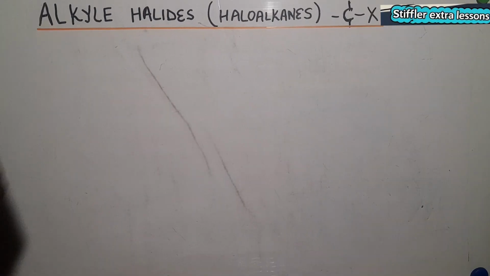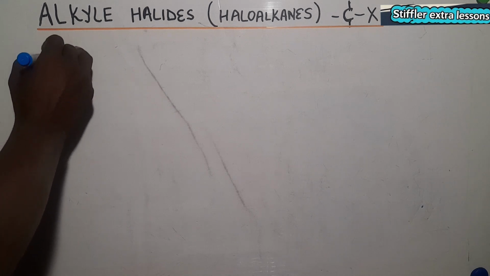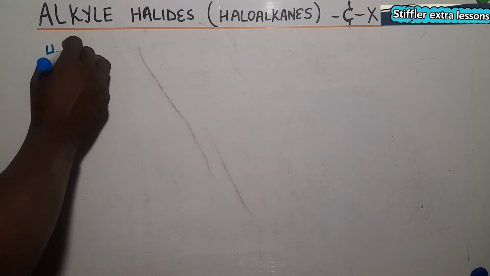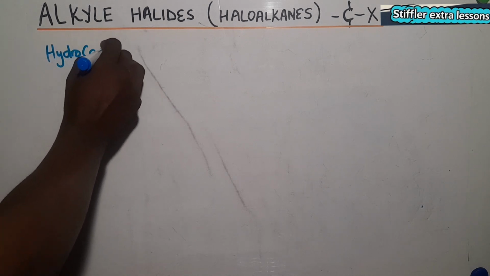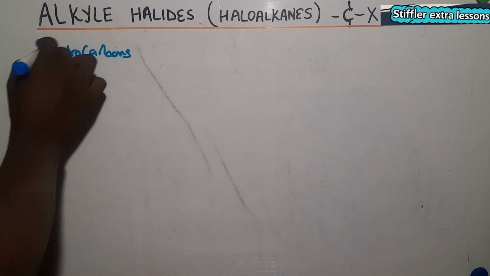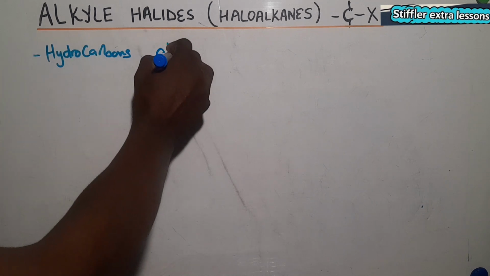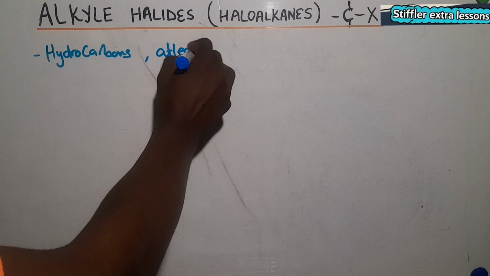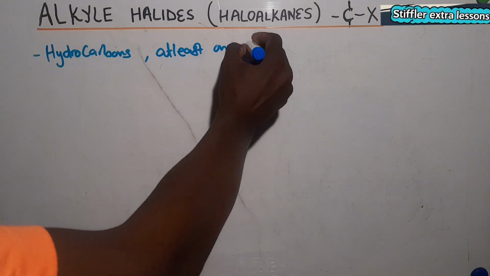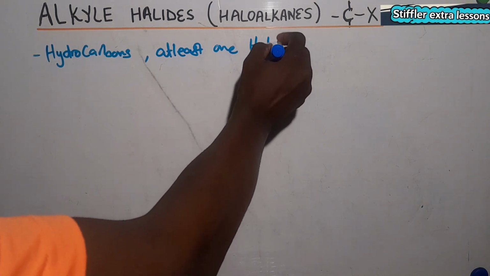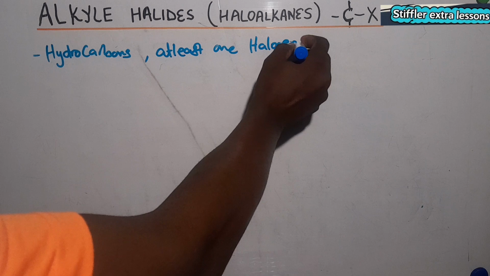So alkyl halides are hydrocarbons that have at least one halogen.